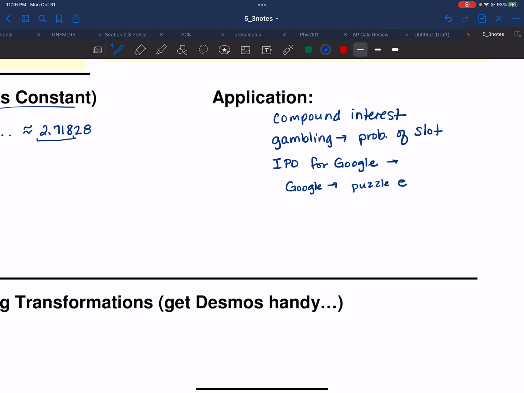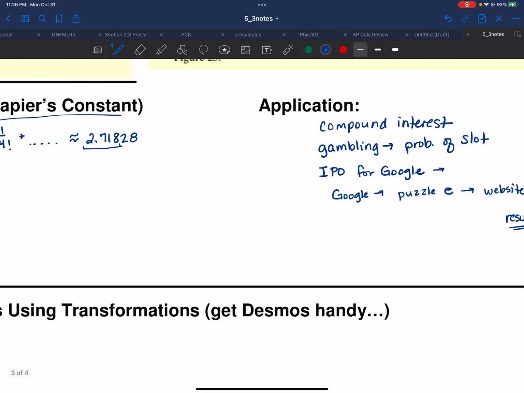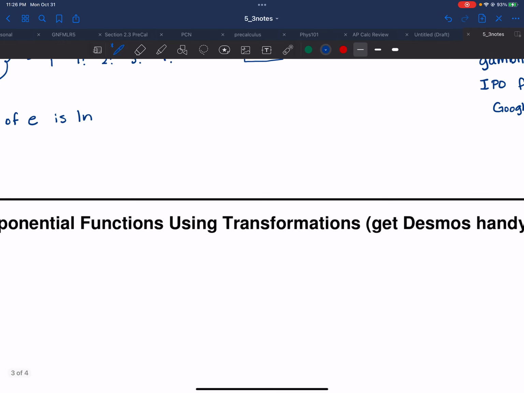If you solved that, there's a place to submit it, and then it took you to a website that had additional puzzles or problems to solve, and if you solved those, you were actually invited to submit your resume. So I don't know what the obsession Google has with Euler's number, but it is what it is. Anyway, those are some of the applications that I find kind of interesting.